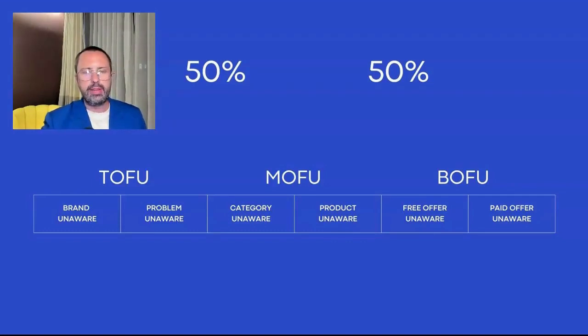Now, as we move into the middle of the funnel, there are people that need to be convinced that whatever product category you're in is something that they need to engage in to solve their problems. So, for example, if you're a live chat plugin, you need to convince them that live chat is the solution to their problem. Not necessarily your product or your specific brand, but just the category in general.